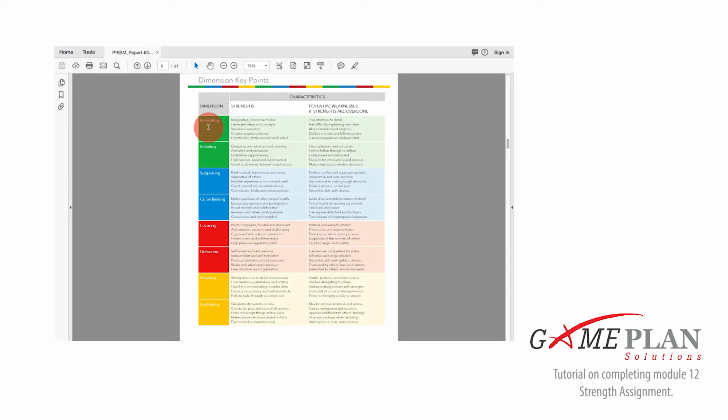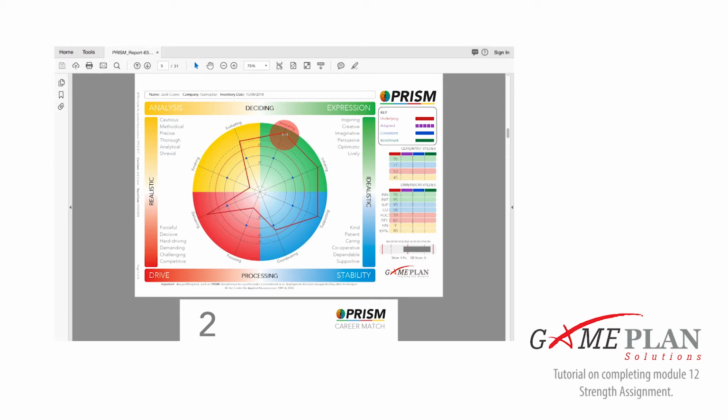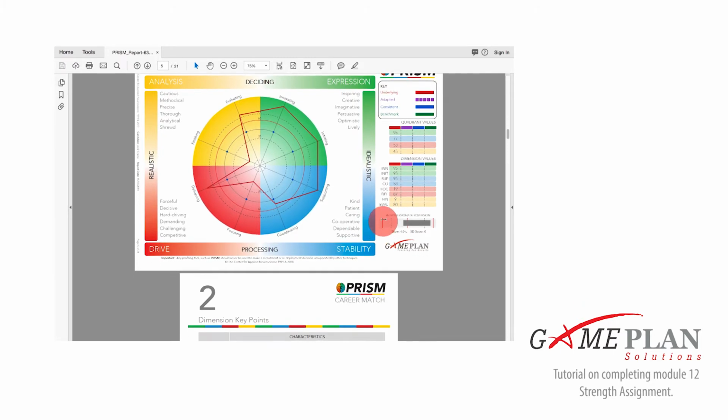So if, for example, as is the case with this particular map, the highest numbers here are supporting, initiating and innovating, which we can see from the graphical representation, but if you also want to look at that numerically, you can see the scores that are plotted on this map in this column.